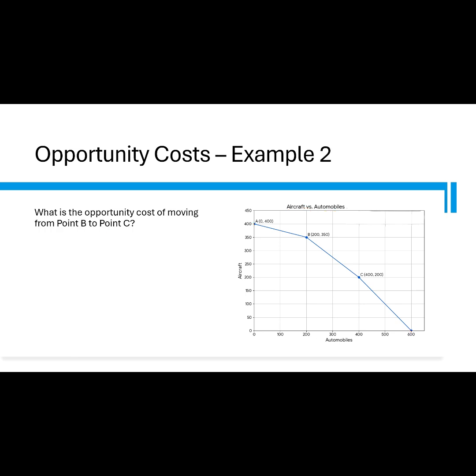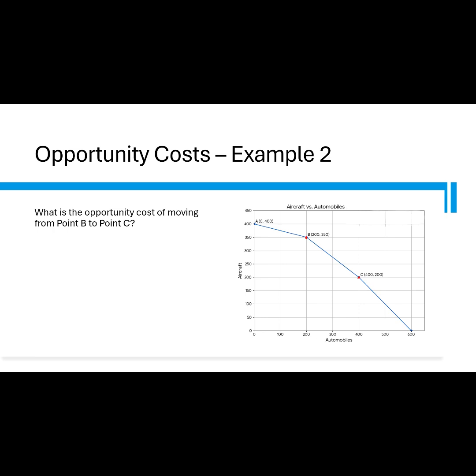Same chart. In this case, the question is, what is the opportunity cost of moving from point B to point C? So here we are at point B, but we're going to want to move to point C. And so we need to figure out, well, what is the opportunity cost of doing so? Well, at point B, we can produce 200 automobiles and 350 aircraft.